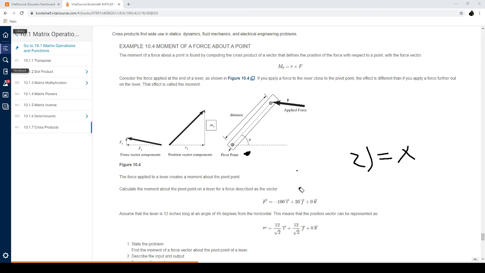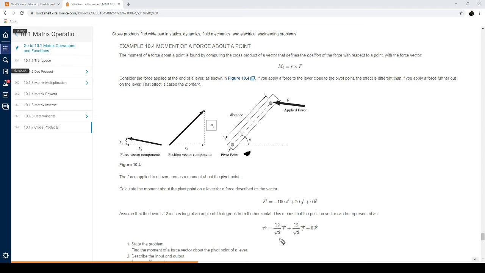What they did was 12 divided by root 2. If you do 12 divided by root 2, you get 8.48. So it's the exact same number. They just left theirs in this long form right here. So they have 8.48, which is what we got.